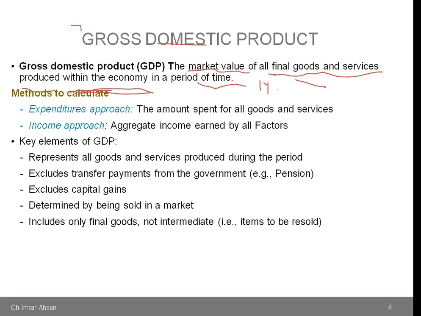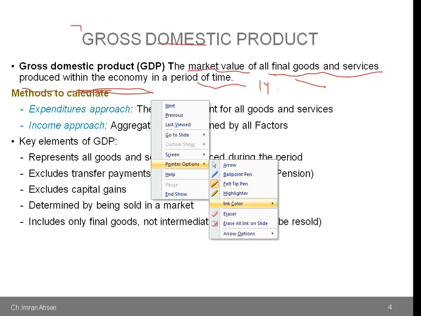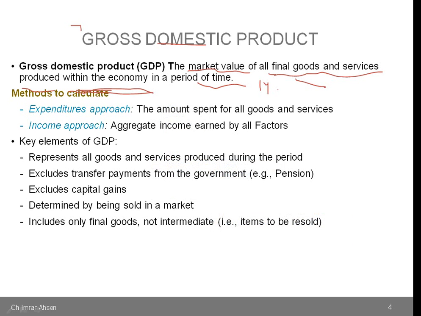Expenditure approach. We calculate the gross domestic product with these two methods, and actually we come up with the same figure. The first one is the expenditure approach: the amount spent for all goods and services.